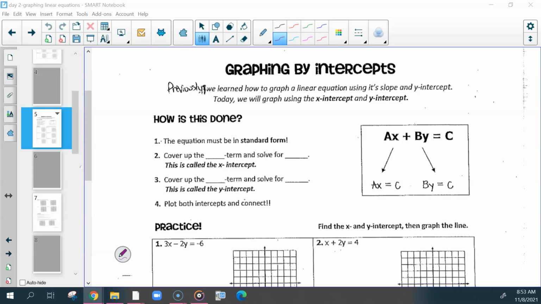Everyone have those notes? If you need another one, I have extras in the dark blue crate. Look for the graphing folder, and there's some in there.